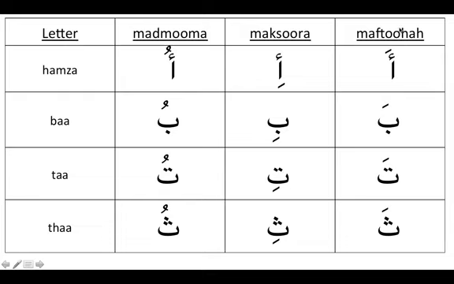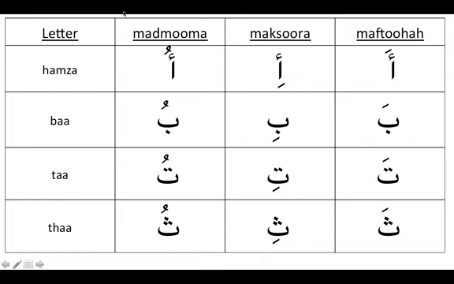I'm going to give you a short pause after each one, and I want you to try to imitate me. Okay? So this is the letter hamza. Because Arabic is written right to left, we're going to go right to left, not left to right, because we're learning Arabic, not English.